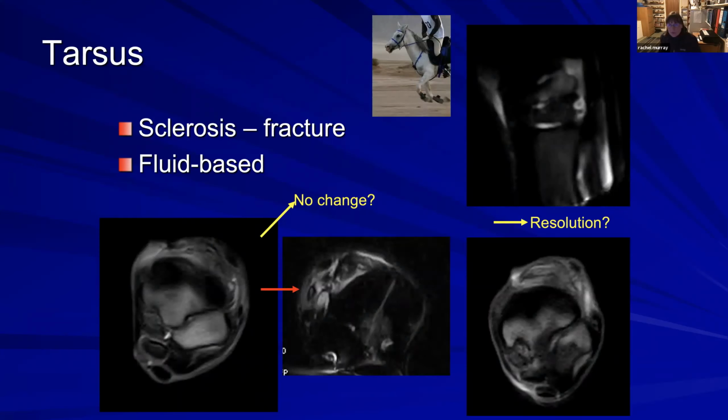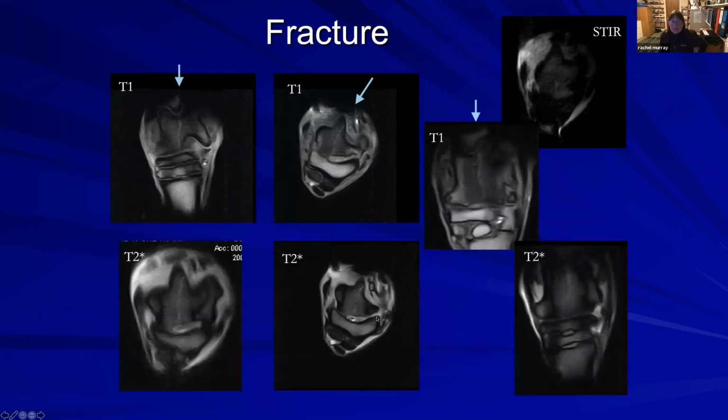Sclerosis of the tarsal bones can occur in horses undergoing high intensity exercise and may be a risk factor for fracture. So this is something that can be monitored. If you start seeing fluid signal within this sclerotic region, then I think be careful that we don't end up with a fracture, which we may end up with, as I've experienced.